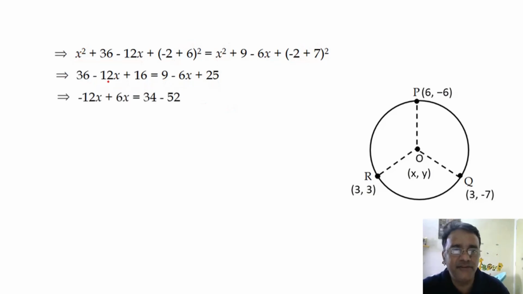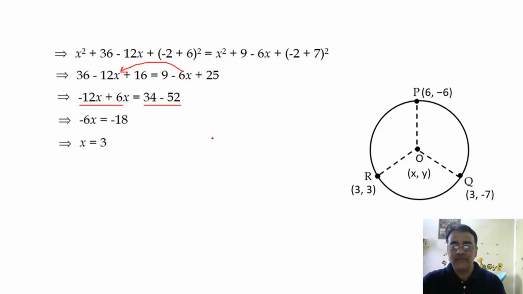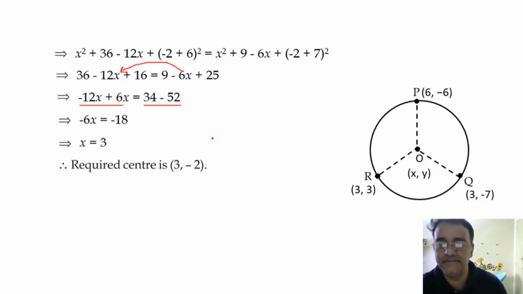Then shift 52 to this side, it becomes minus 52, and shift minus 6 to this side, it becomes plus 6x. So minus 6x is equal to minus 18. So we are getting x is equal to 3. Hence the center is 3, minus 2. Any doubt in this question?